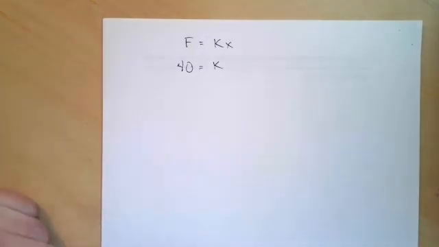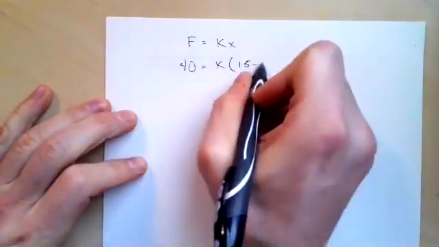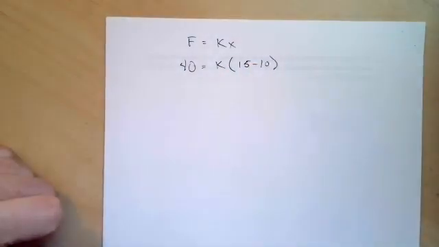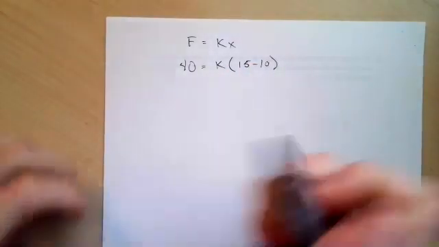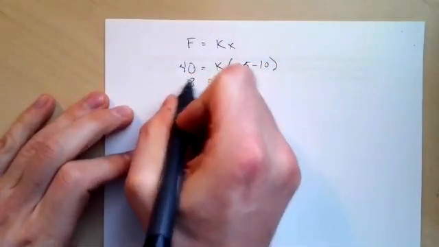And x, remember, is the distance from its resting position. So its resting position was 10, and we stretched it to 15 centimeters, so of course, we're stretching it 5 centimeters beyond its resting position. Our k is then 8.